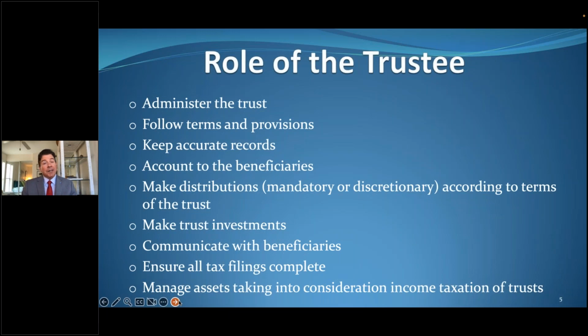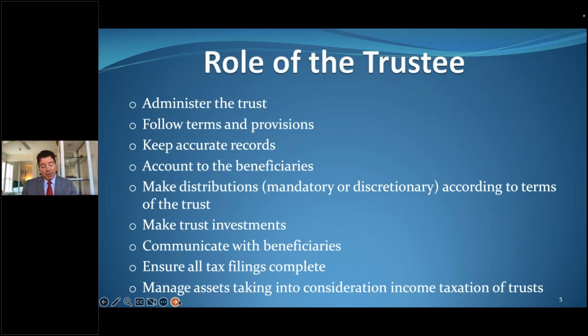So I don't know what it is, whether it's life or whether it's inertia or whether it's a lack of focus or whether a lot of trustees are overwhelmed with the duties and they just don't look at the trust too much. But we want our trustee to actually read the terms and provisions of the trust, if nothing else. So that's a really important thing. It's fundamental, but just realize many trustees do not actually scrutinize and read the terms and provisions of the trust.